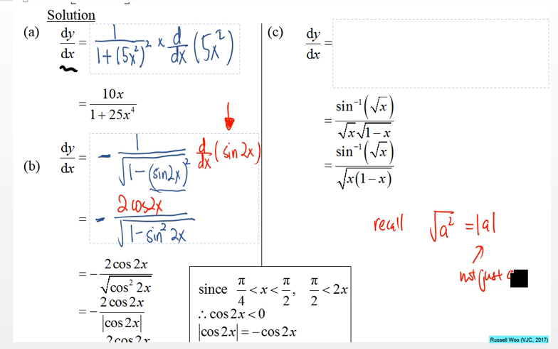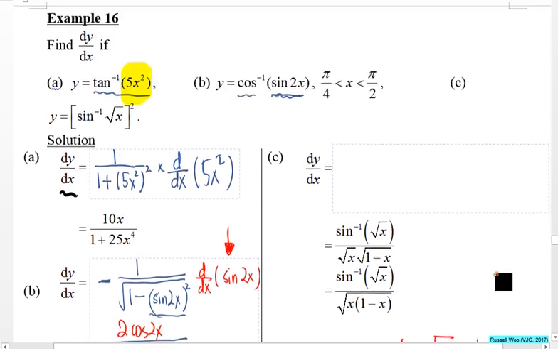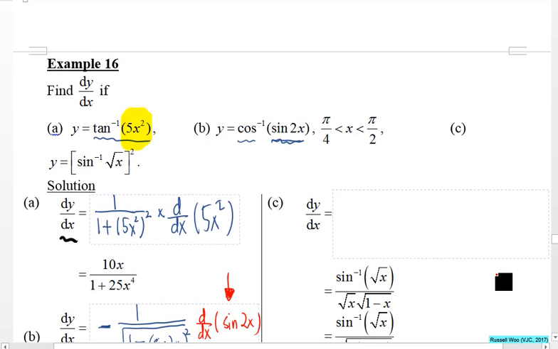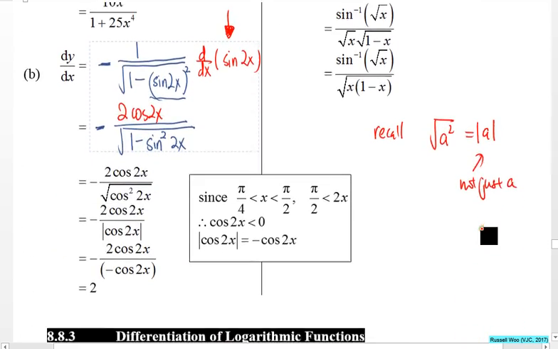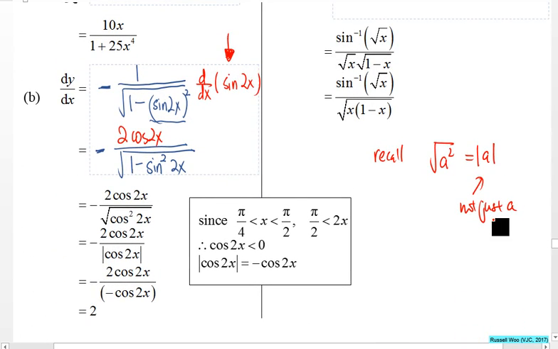Now, there must be a reason why the question was quite clear. X must fall between minus pi over 4 and pi over 2. So now we take a look. If x is between pi over 4 and pi over 2, 2x must be greater than pi over 2. Or rather, I rewrite it like that.